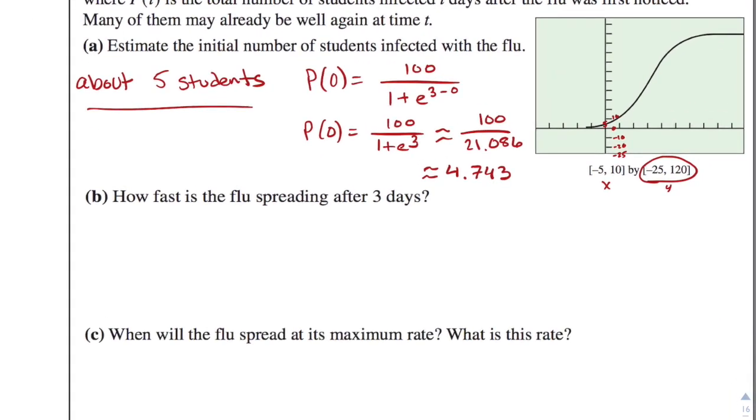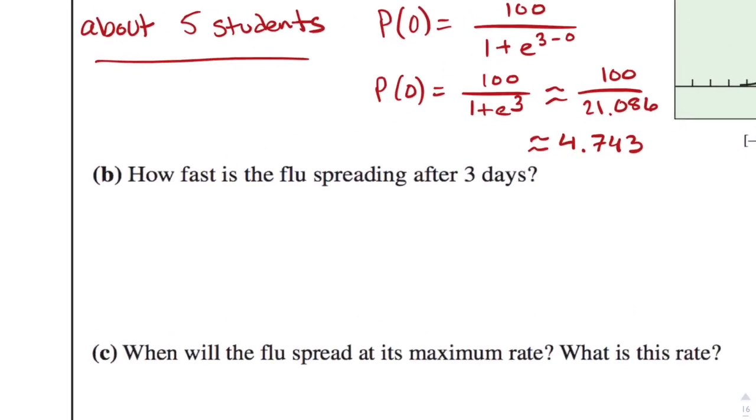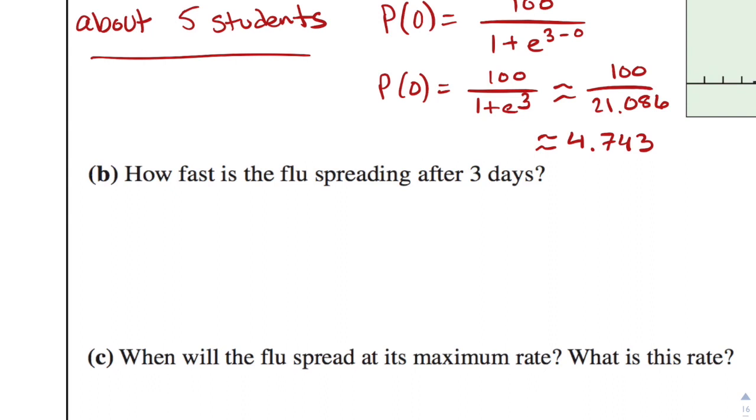How fast is the flu spreading after day 3? So we're going to say P of 3. It's important that we don't just evaluate. What does the book say at time 3?